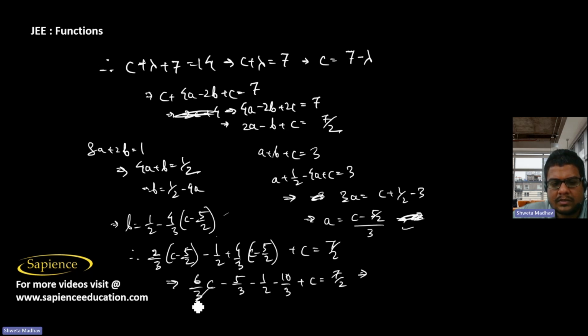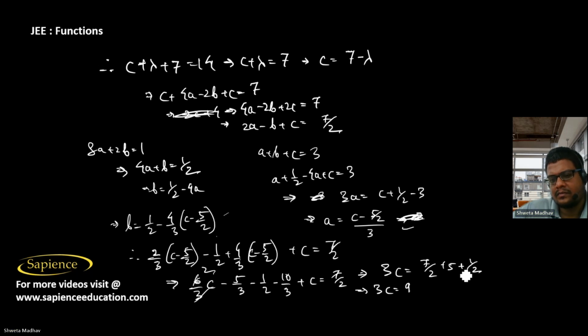So c plus 3 twos are 6, that is 3c, is equal to 7 by 2 plus 15 by 3 plus half. That means 3c is equal to 8 by 2 plus 5, that is 9. So c is equal to 3.